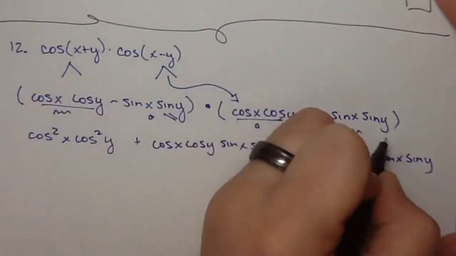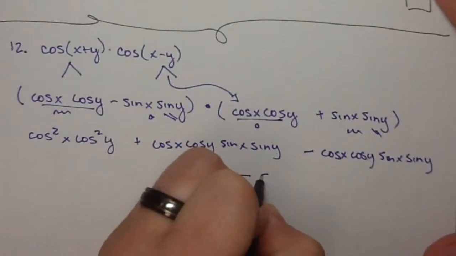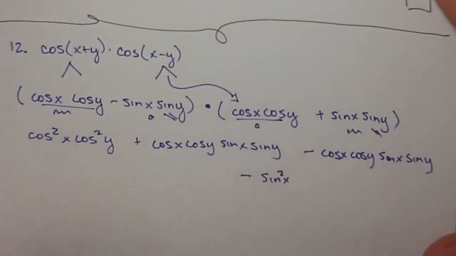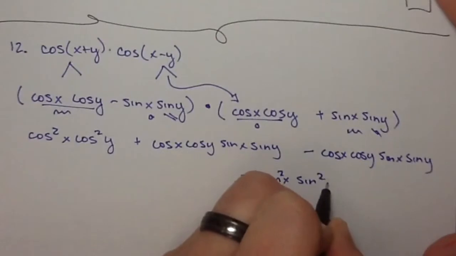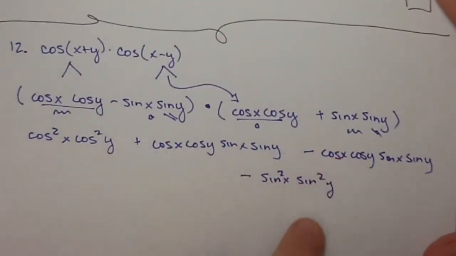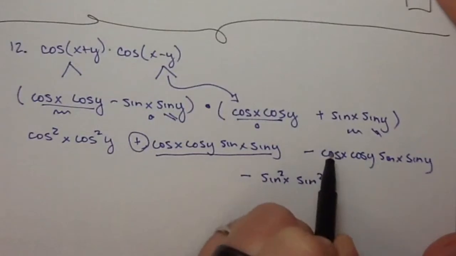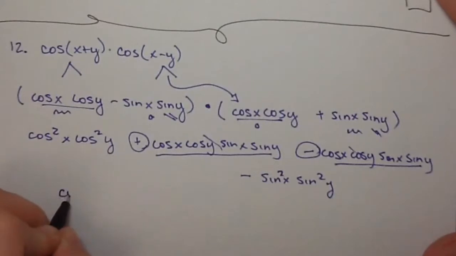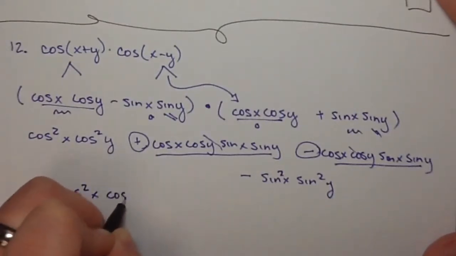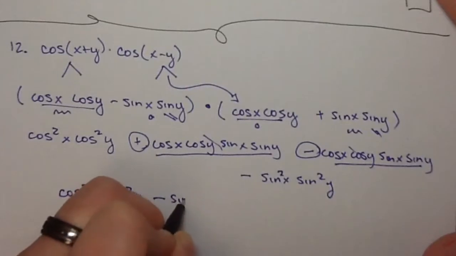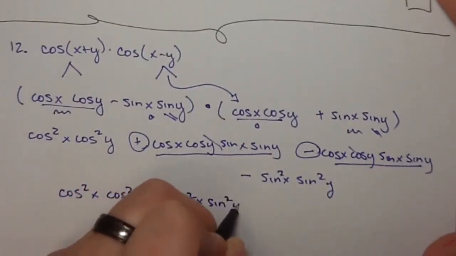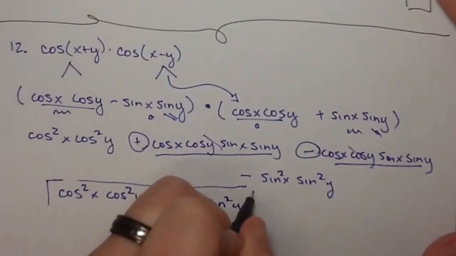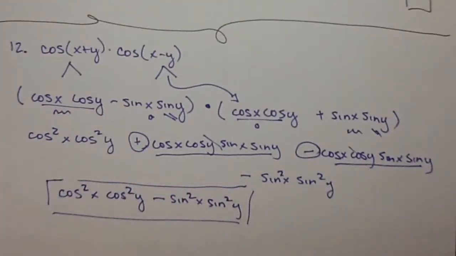And then lastly, we've got minus sine squared x sine squared y. Okay, first, outside, inside, last. This is a plus term, and this is minus the same term, so they go away. So we're left with cosine squared x cosine squared y minus sine squared x sine squared y. This has not been evaluated, it's just been rewritten. And that is number 12.